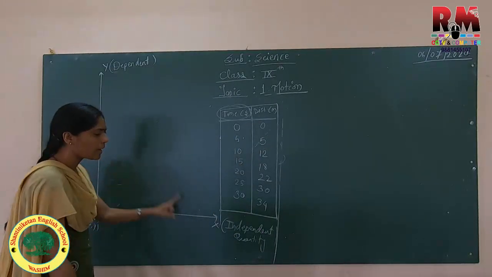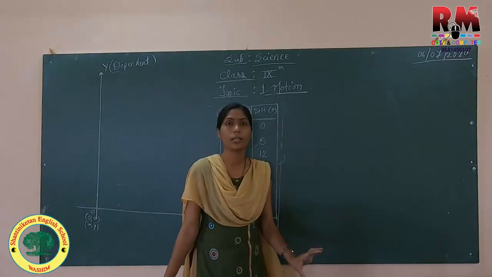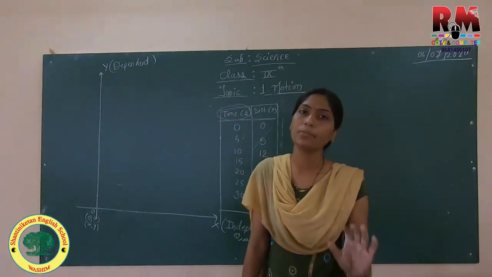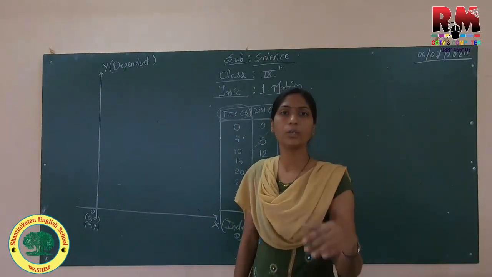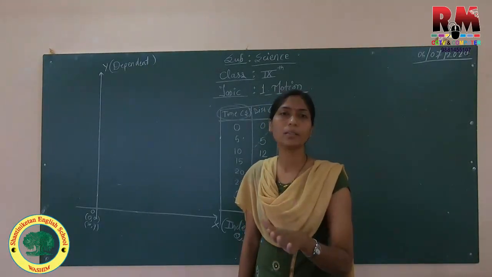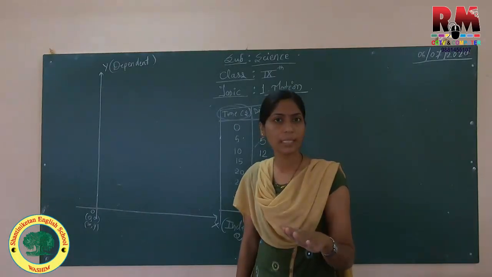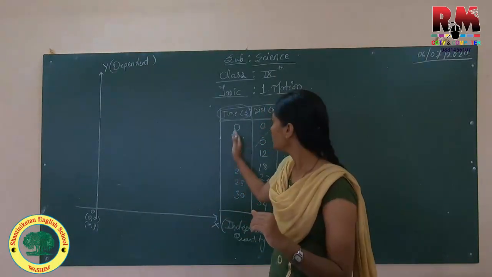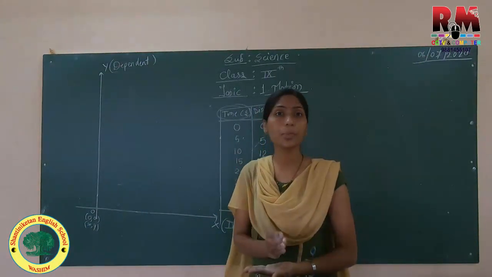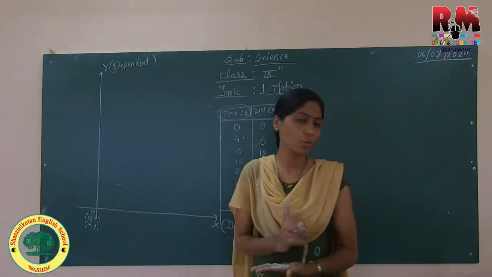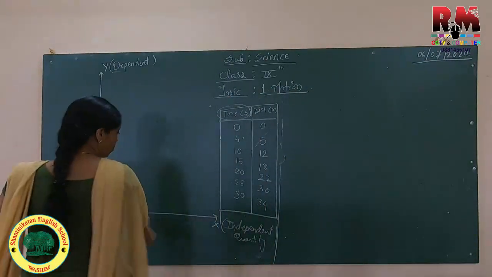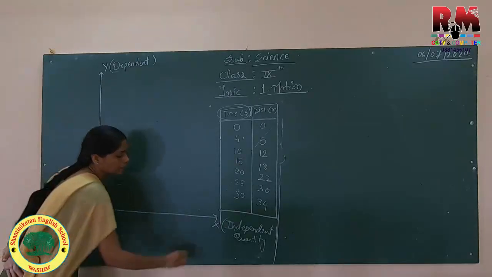So generally time is the independent quantity. Whenever a graph is related to time, and the other quantity may be distance, displacement or velocity, the time will always be on the x-axis. You have to remember this. So here we write time.